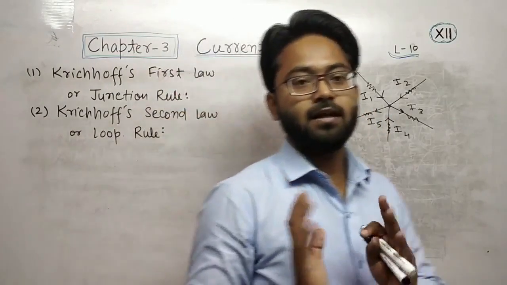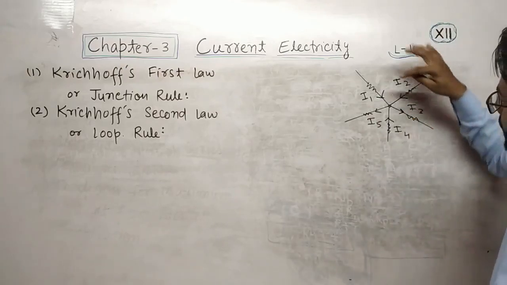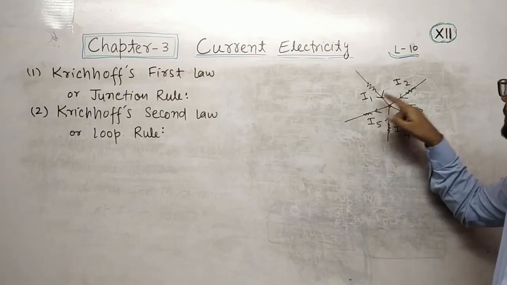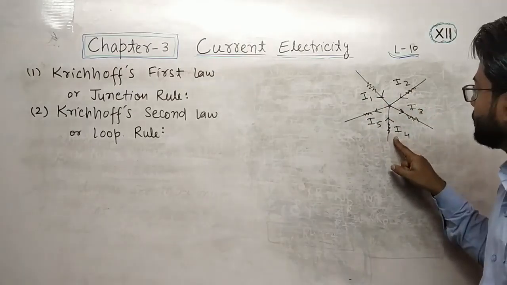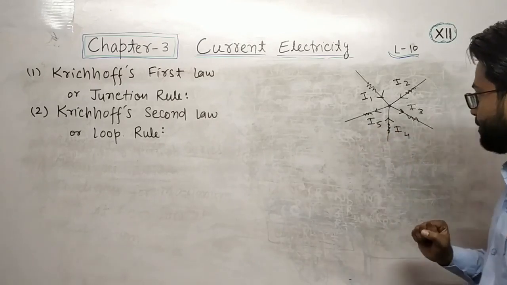If there are many resistors connected, the first resistor carries I1, second I2, third I3, fourth I4 and fifth resistor I5.